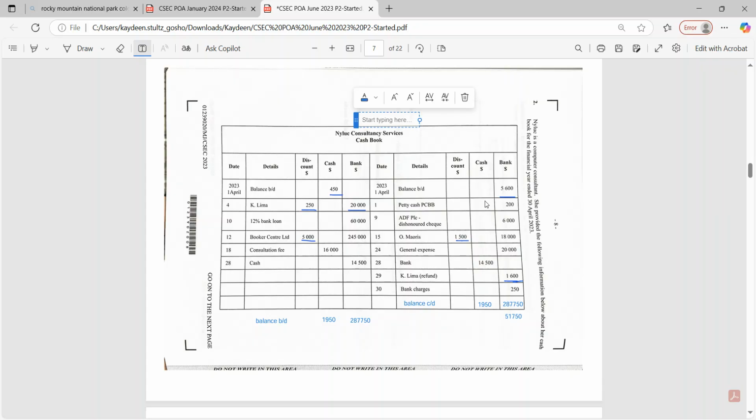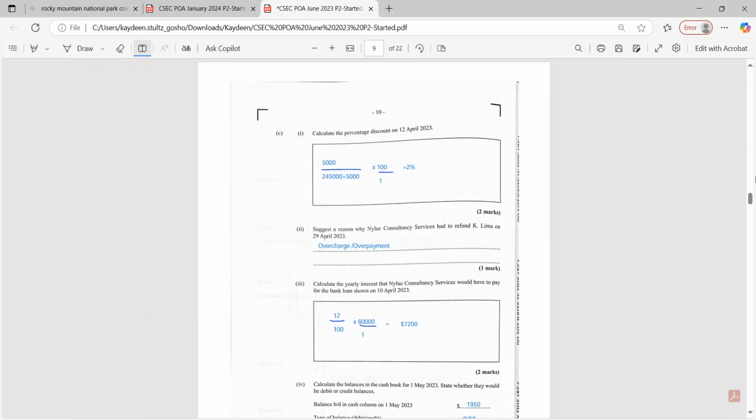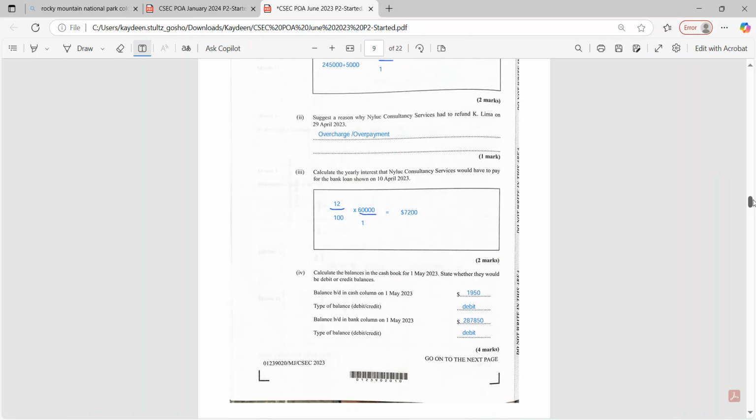Now, K Lima previously bought goods from us on credit and the discount was $250, and it was $20,000 worth of goods. So it could have been an overpayment, right? So maybe we overcharged the customer or the customer made an overpayment.